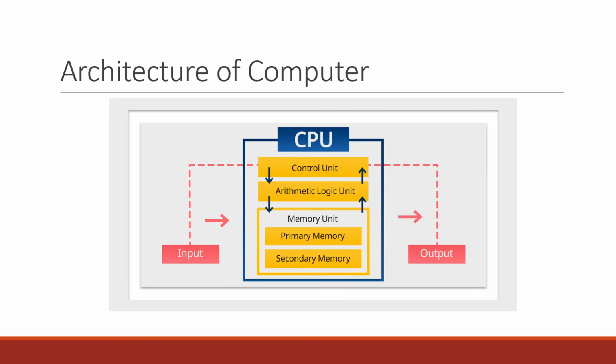In the memory location, we have two types. One is the primary memory location, another one is the secondary memory location. Primary memory means these are temporary in nature. When your system is off, automatically those data will be erased from the system.